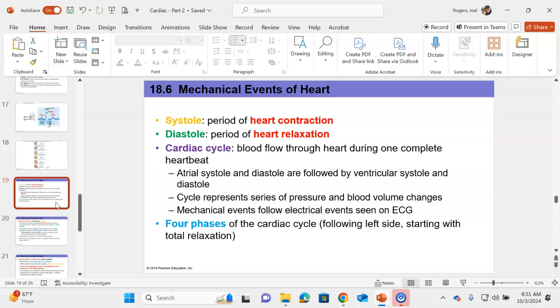Okay, so mechanical events of the heart. We need to talk about contraction and relaxation, which refer to two terms that you are probably already familiar with: systole and diastole. It's not systole or diastole. Systole and diastole.